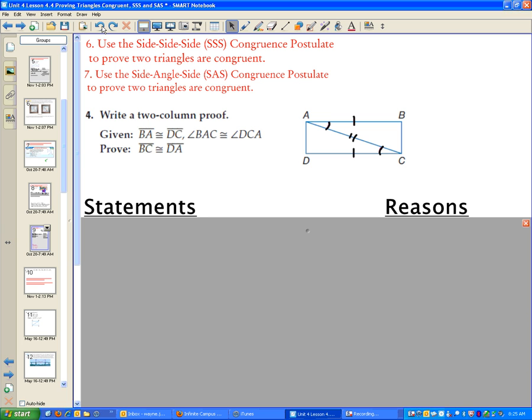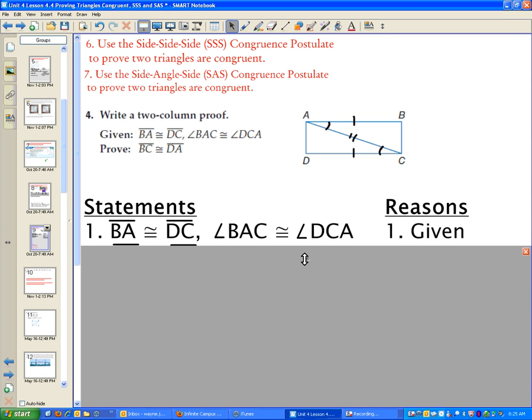Okay? All right. We start off, statement 1, 99 times out of 100 is the given. So statement 1, segment BA is congruent to segment DC, angle BAC is congruent to angle DCA, given. So you can actually have multiple facts in a statement as long as the reason for every fact is the same.